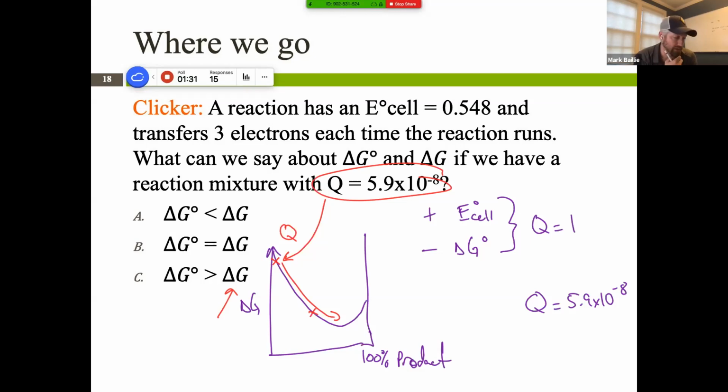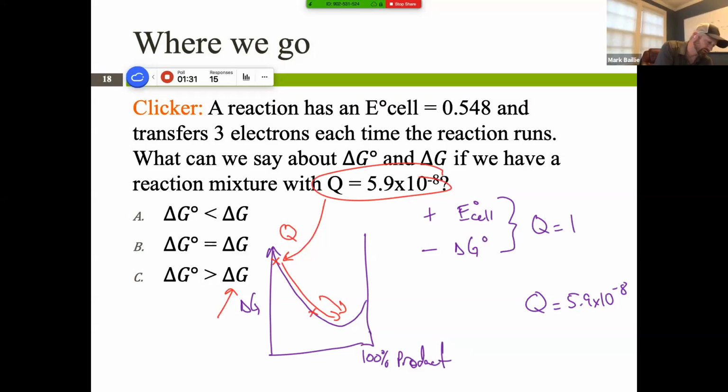So this would probably be a calculation type question, but I want you thinking about where is the minimum that the reaction had to go to the right from Q of 1, and that we're going further in that same extreme. So the sign is going to stay the same, but the magnitude of the number is going to get a lot more significant. Can you clarify real quick whether that would be A or C?